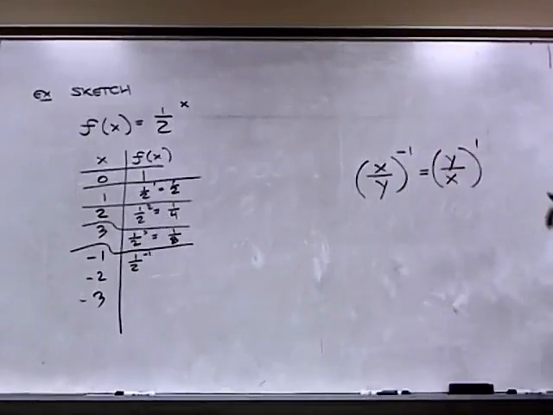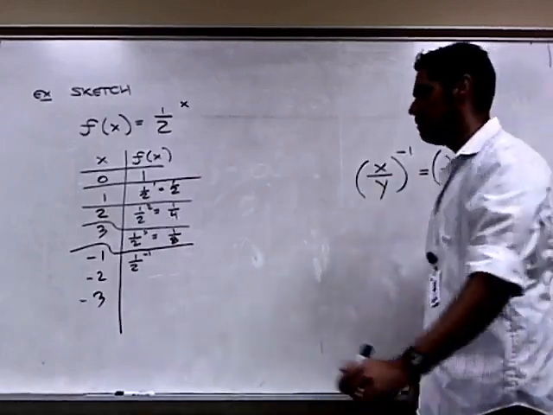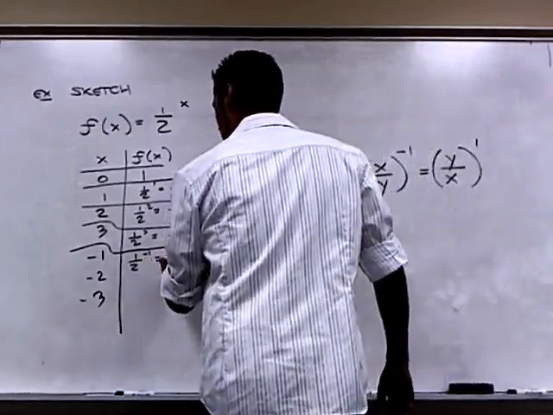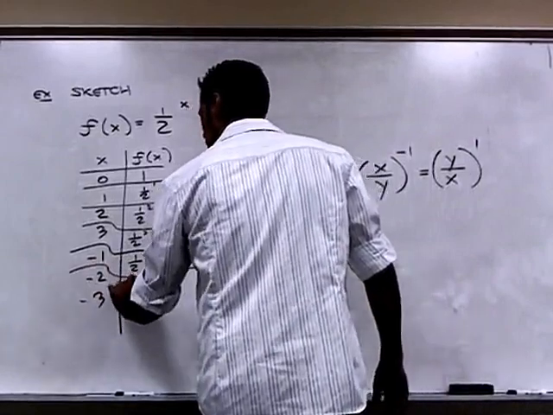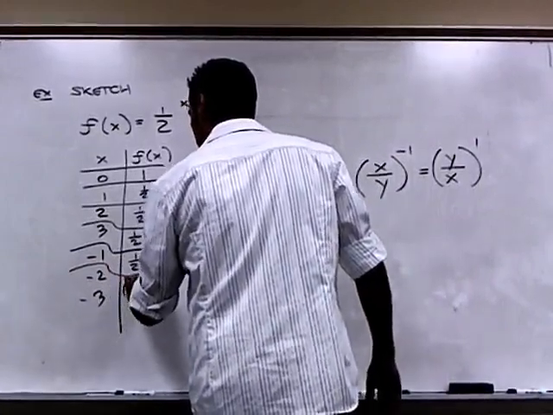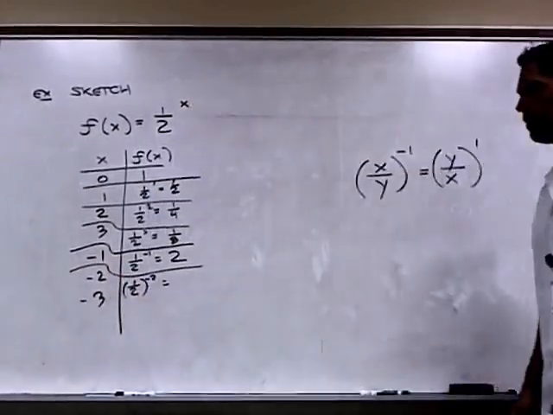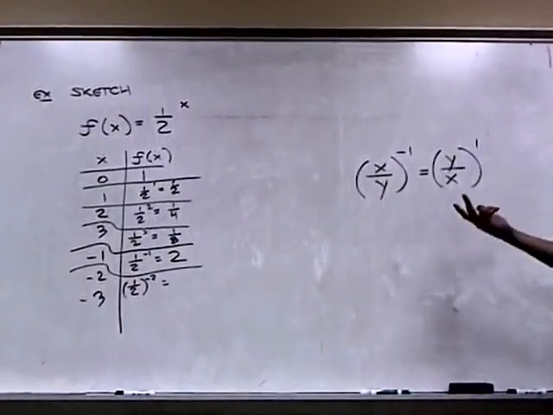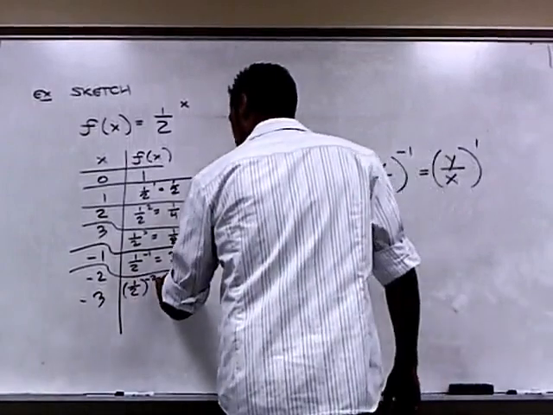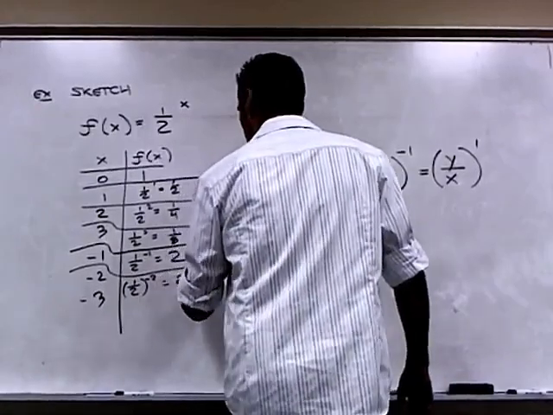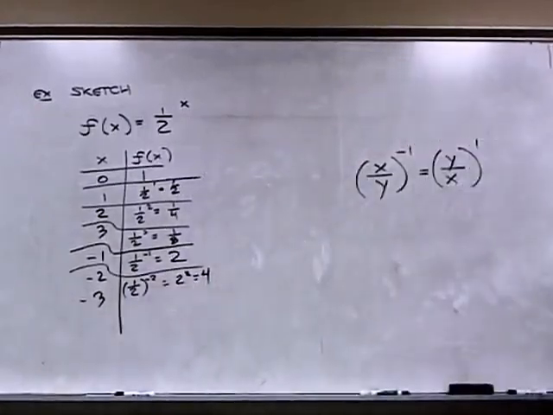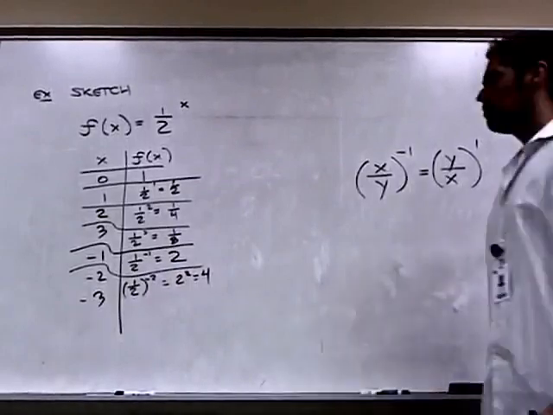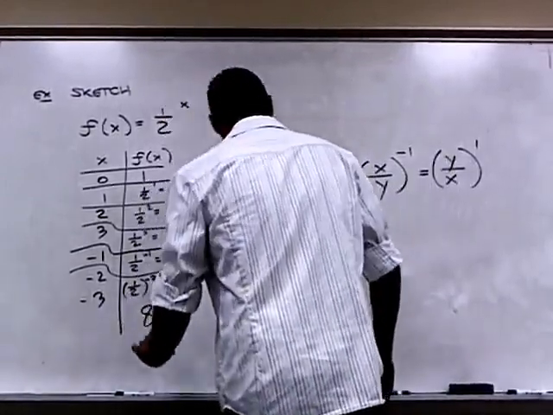If I take 1/2 and flip it, it becomes 2. If I take 1/2 to the -2, what do you think happens? Flip it and square it instead. So this becomes 2 squared, which is 4. And then the last one, 8. Does this look familiar?